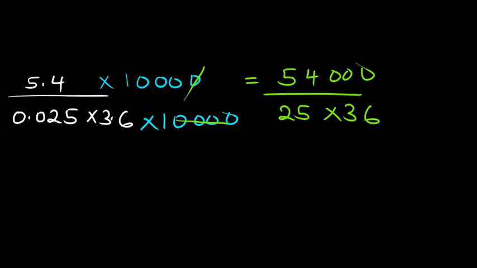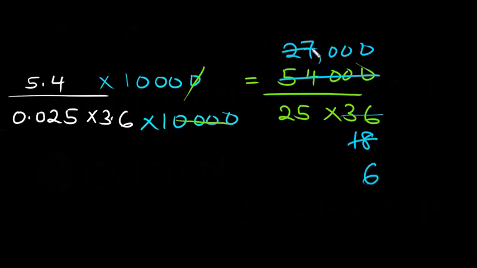Now we can simplify this. We can divide by 2. When you divide by 2, it's 18. Then when you divide this by 2, it's 27,000. And then we can divide by 3. By 3 it's 6.